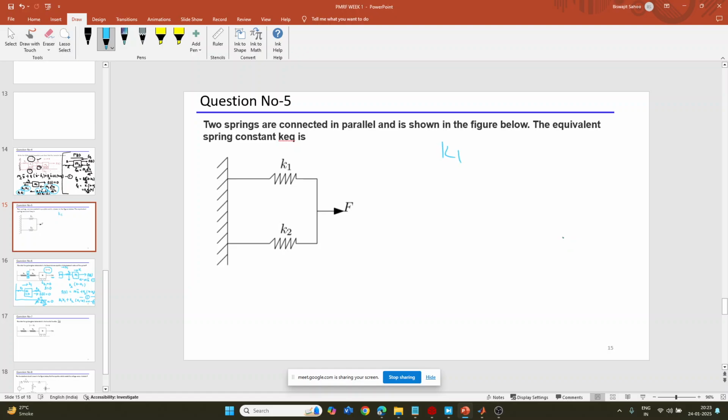K1 into K2 divided by K1 plus K2. Any other answers?